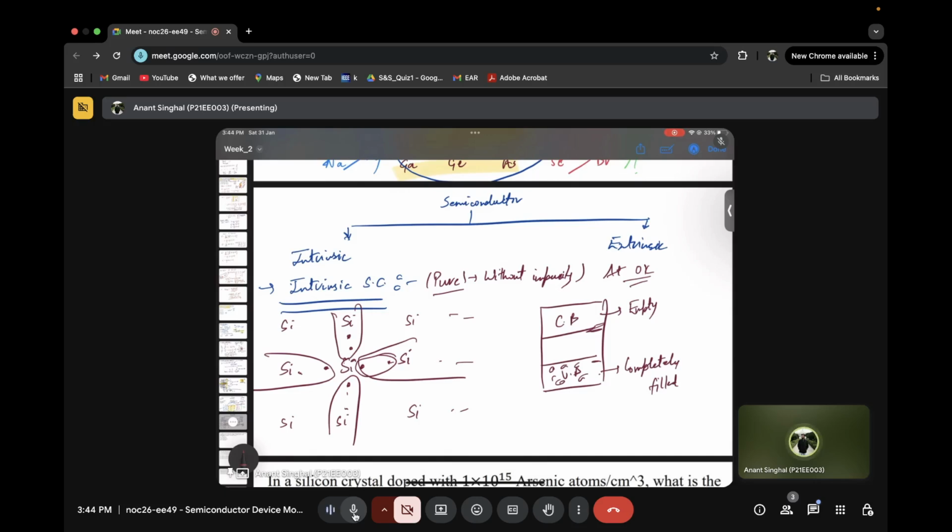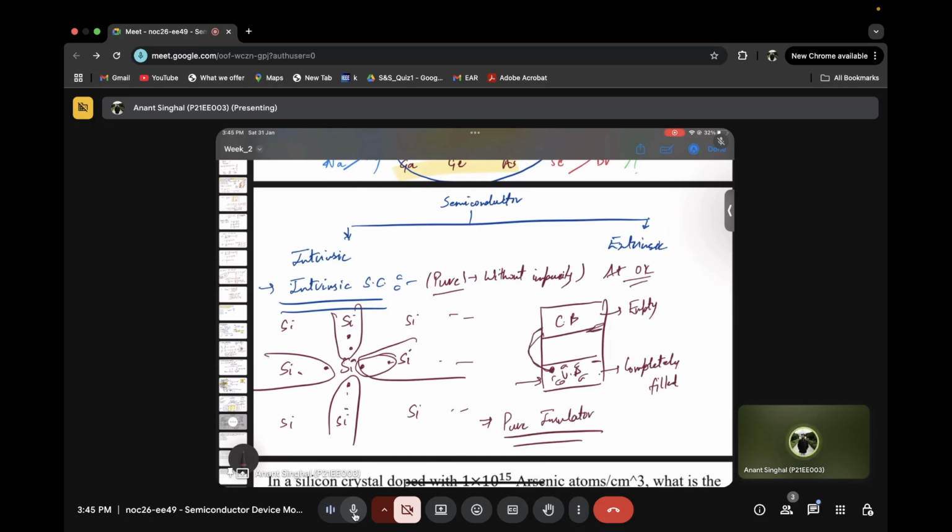So can we say that this is how it is acting? Because these electrons are not free, because it is completely filled, the electrons cannot move. And if the electron cannot move from valence to conduction band, what kind of materials are they? So it will act like a pure insulator, right? Because we don't have any energy to get this electron transferred from valence band to conduction band.